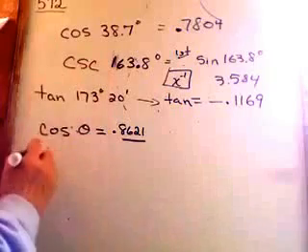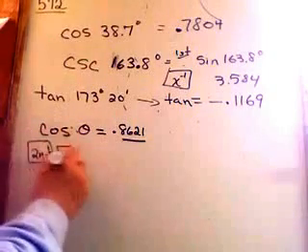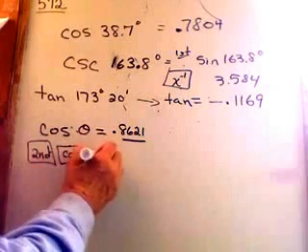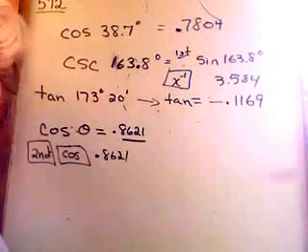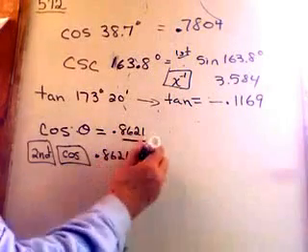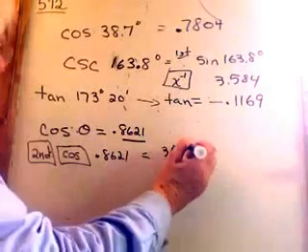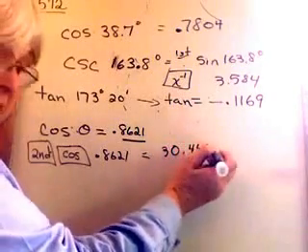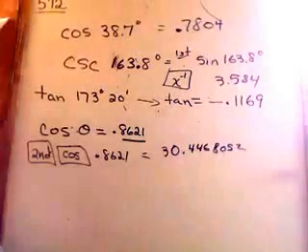So if I was doing a key code list for you, you're going to do the second button, and then press the cosine button, and then type in 0.8621. All right, and let's try that. And when you do that, you're going to get 30.4468052, and it goes on forever.